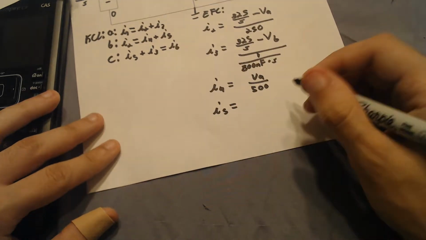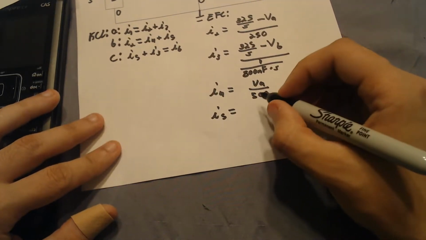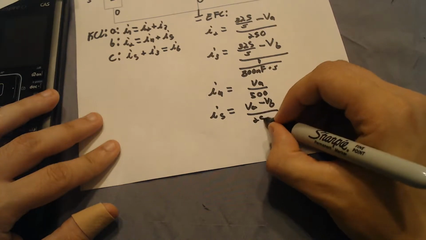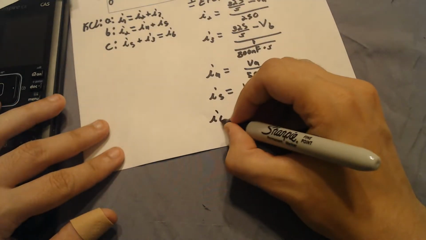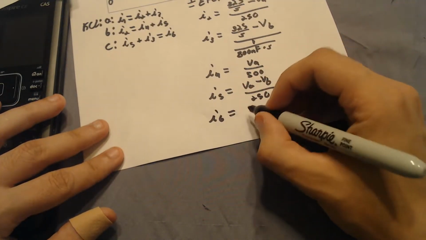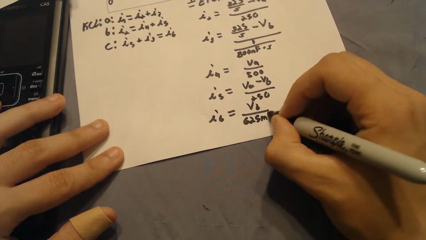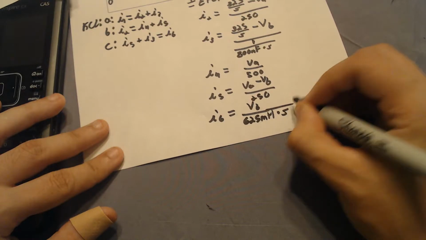I5 is going to equal VA minus VB over 250, and I6 is going to equal VB over 625 millihenries times S.